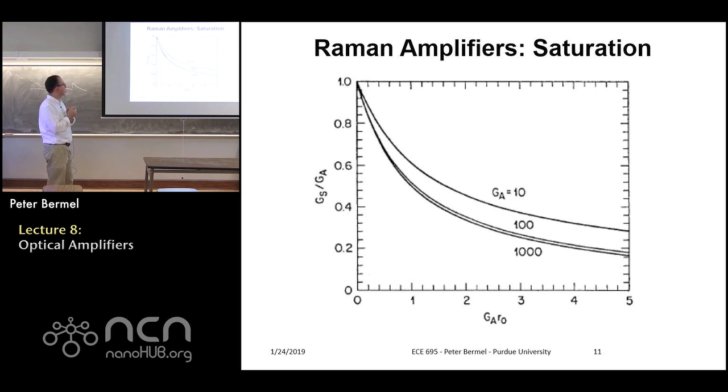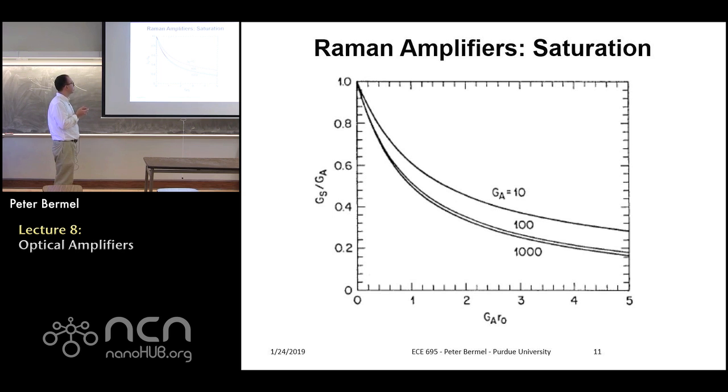Another thing that's important about Raman amplifiers, of course, just like we said in general, is that they also experience saturation. So this is showing a simple example of how much saturation can occur in these various parameter regimes.